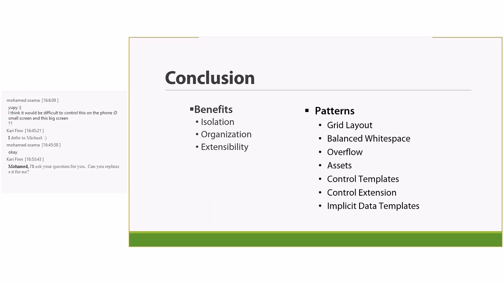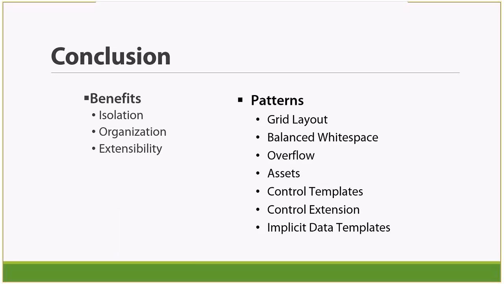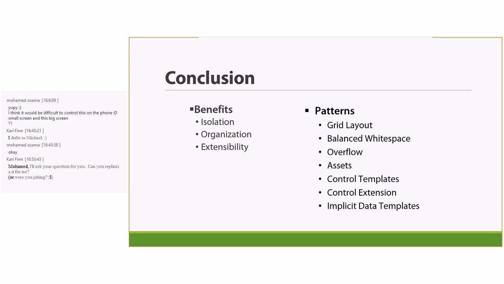And so some of the patterns that we looked at in order to achieve these things were using the grid layout, so that I pushed away from the boundaries of the grid by putting the margins on my leaf controls, not on the containers. And so that gave me balanced white space, especially when I put some extra white space around the outside container. And then I could overflow by setting negative margins and get some parts of my control into the white space.